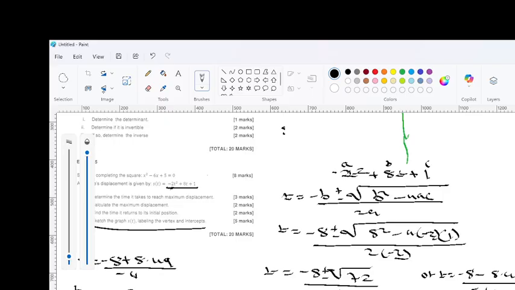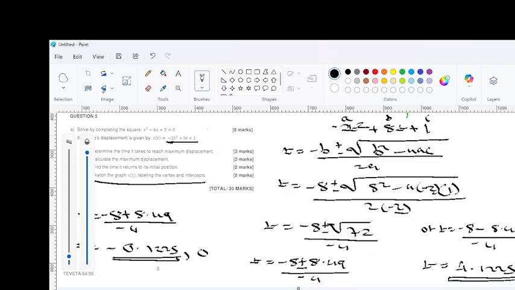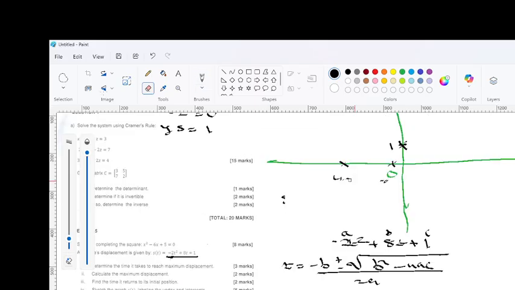Then this one we have 4.1225 as our x, comma 0 as y. Sorry, this is our x, and the 4 is in positive form while the other is in negative form.